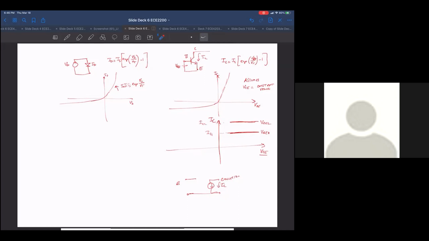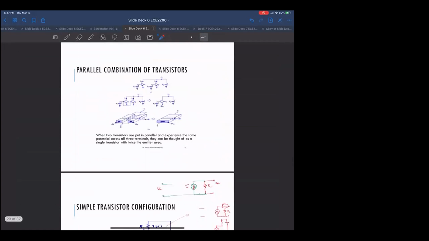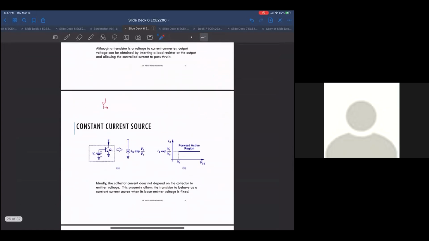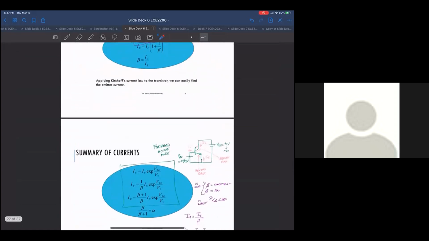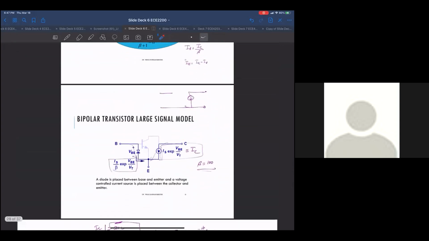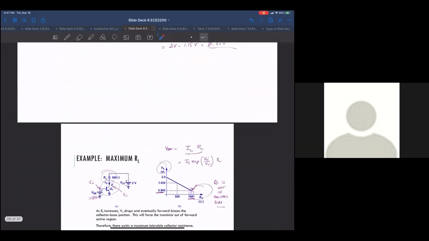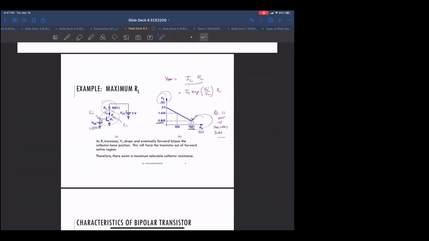Professor, I have a question about that example problem. So if we were to remove the resistor on that problem, would it make it forward bias then? I mean, let's draw it out.